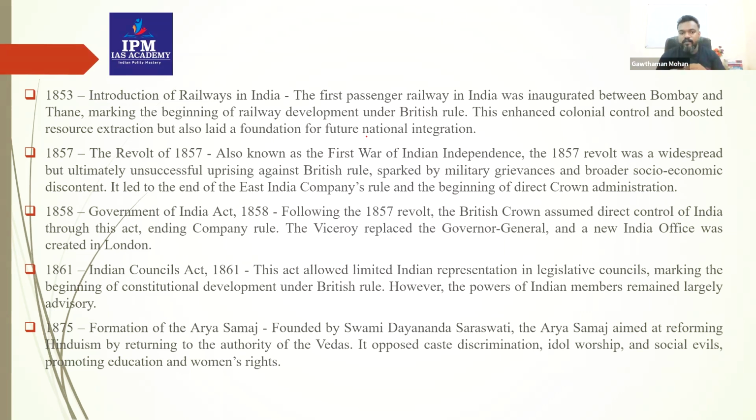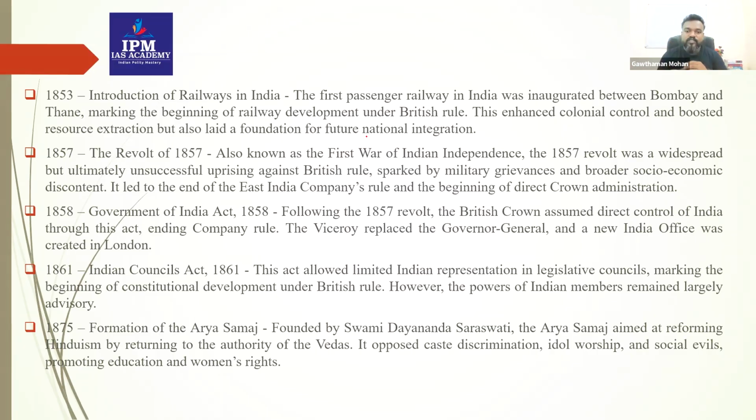Okay, now the 1857 revolt. Because of the exploitative rule of the East India Company, people were highly dissatisfied. The introduction of the doctrine of lapse by Lord Dalhousie, the introduction of English education, and widow remarriage, all these things affected the people of this country, and some aspects even triggered their religious sentiments.